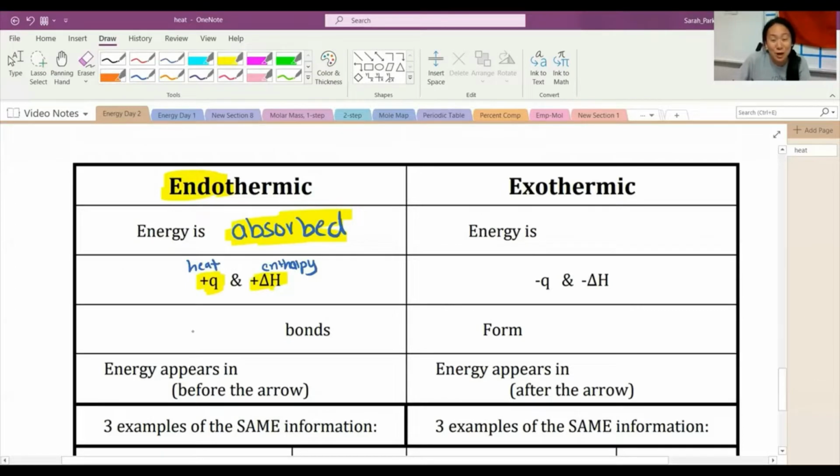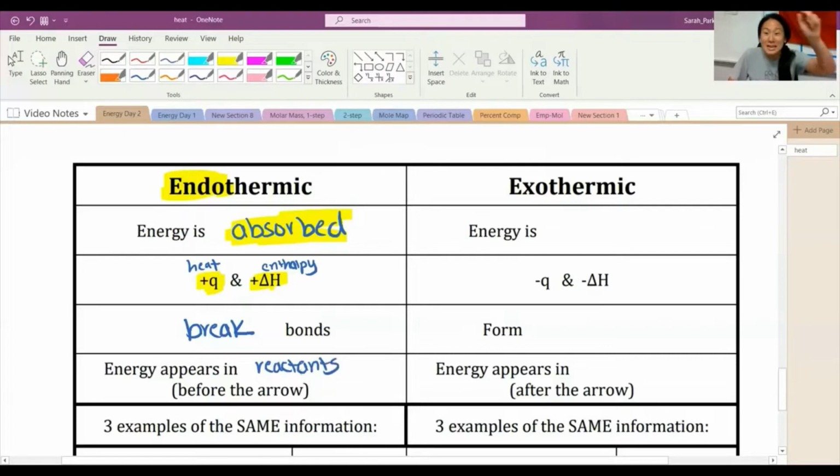So anytime you're trying to break bonds, you need to absorb energy. You need to muster up all that energy to break bonds so that you can form new ones. So breaking bonds does require you to gain and absorb a lot of energy. If you were to write this in a chemical reaction, the energy will show up in the reactants, which is before the arrow.